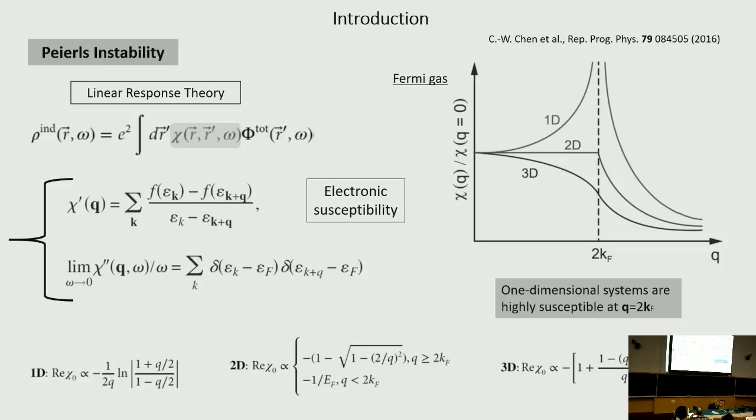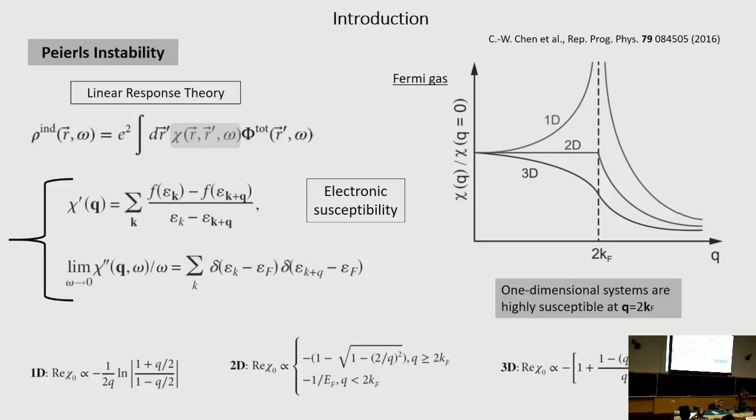So if you have Fermi surface nesting, your energy can be mapped by a unique vector, this term in the denominator goes to 0, and you have a divergence. For instance, for a one-dimensional Fermi gas, you have a logarithmic divergence in the electronic susceptibility, while in the 2D and 3D cases, you don't.